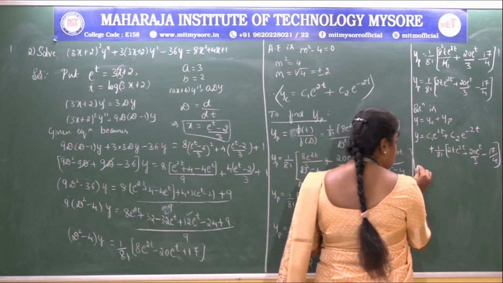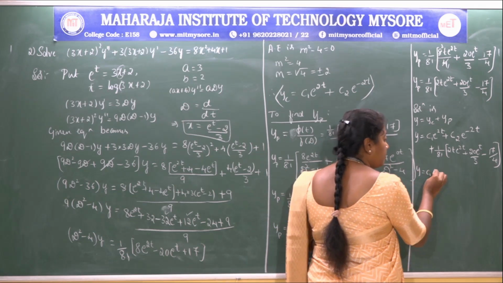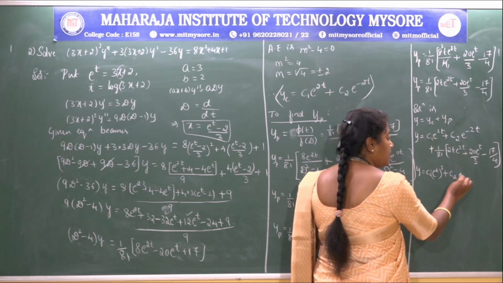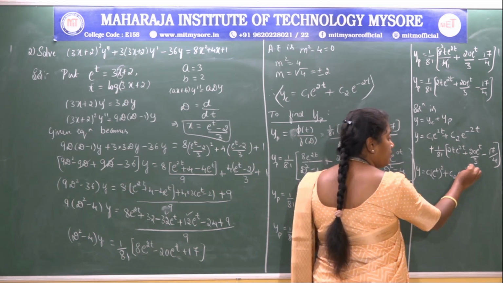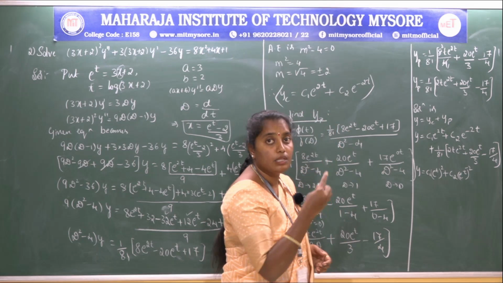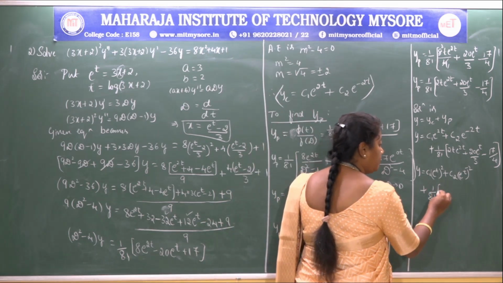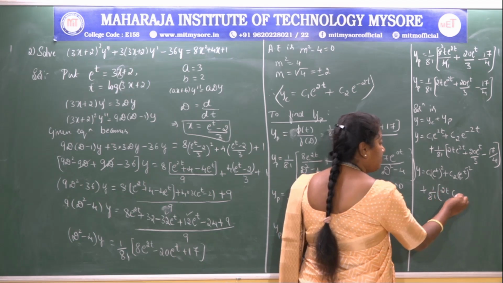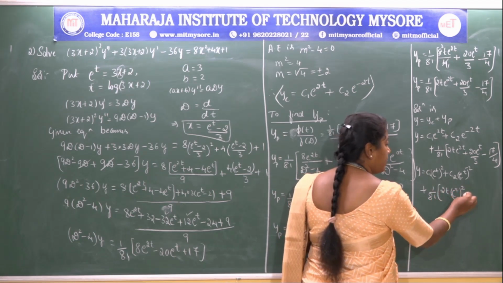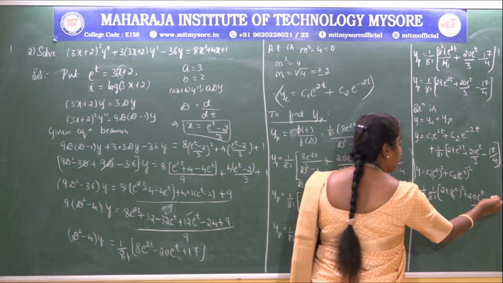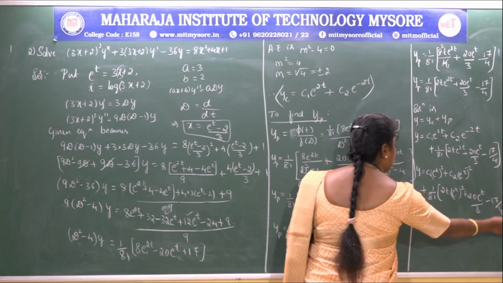So that's why we write this as y is equal to c1 e power of t whole square, c2 e power of t whole to the power of minus 2. Next term, 1 over 81 times 2t e power of t whole square plus 20 into e power of t by 3 minus 17 by 4.